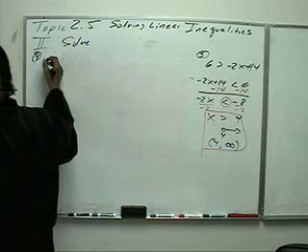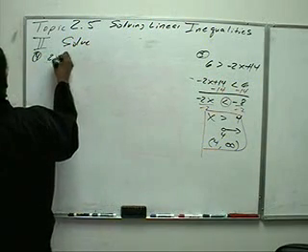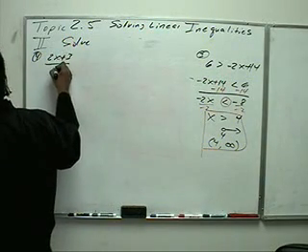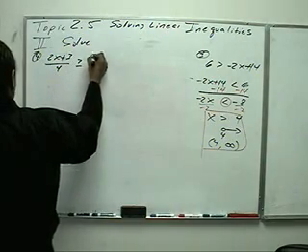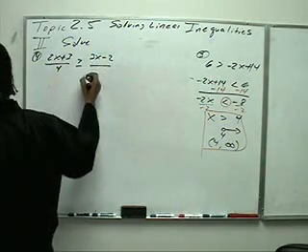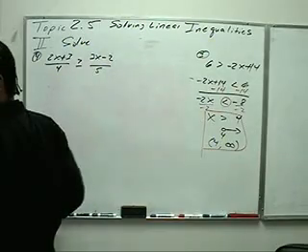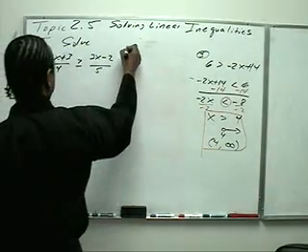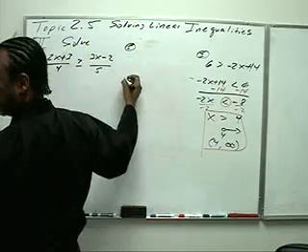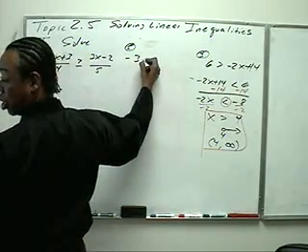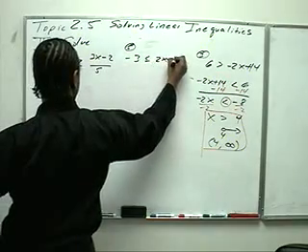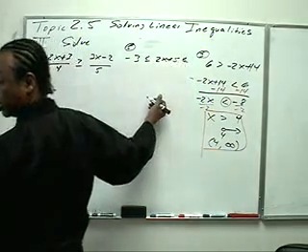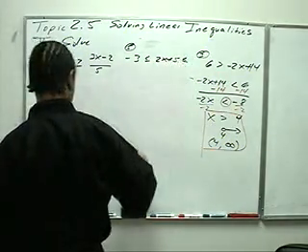Number 4 will have 2x plus 3 all over 4 is greater than or equal to 3x minus 2 all over 5. And number 5 will have negative 3 is less than or equal to 2x plus 5 is less than or equal to 11.